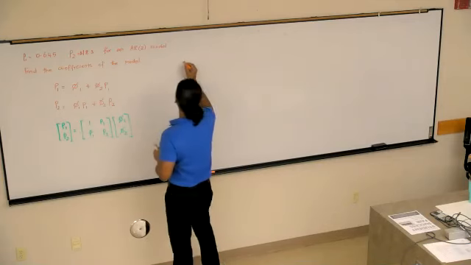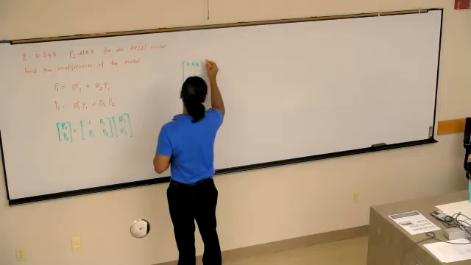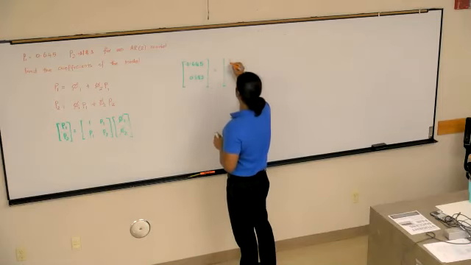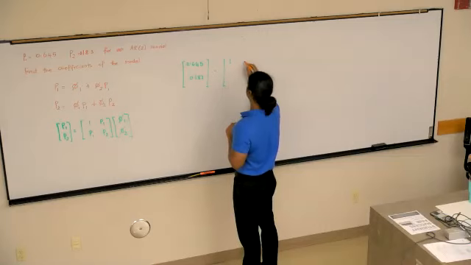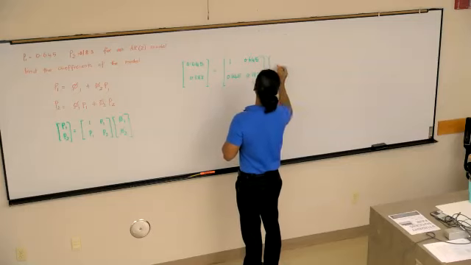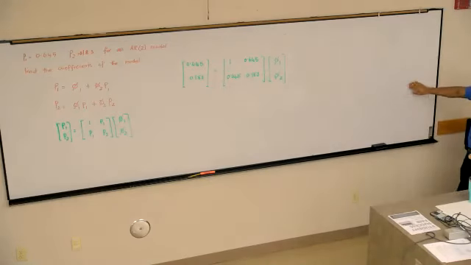In our case, we have rho 1 is 0.645, rho 2 is 0.183, and the matrix has 0.645 and 0.183, multiplied by phi 1 and phi 2. All right.